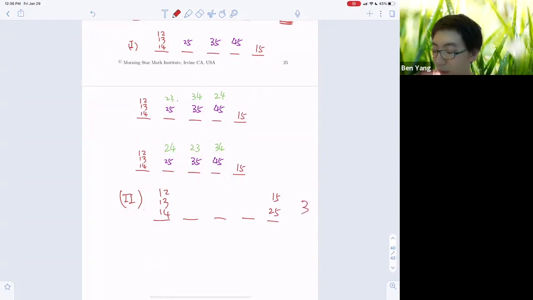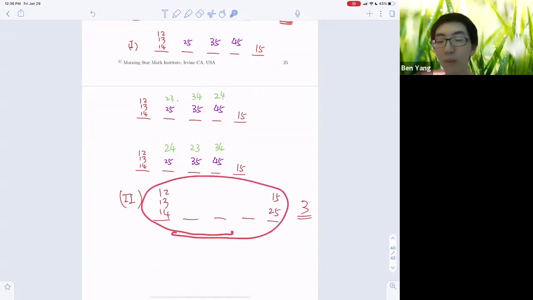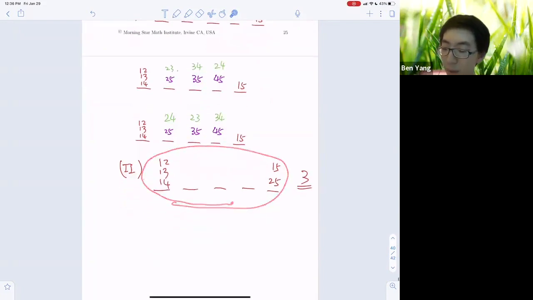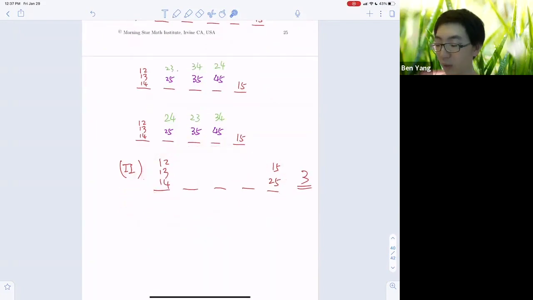Let's write number 3 there to remind us that we need to multiply the number of cases by 3, because there are 3 ways to choose the card here. Could be 2, 5, could be 3, 5, could be 4, 5. Okay, now the 3, 5 should be in the third box, and 4, 5 should be in the fourth box.